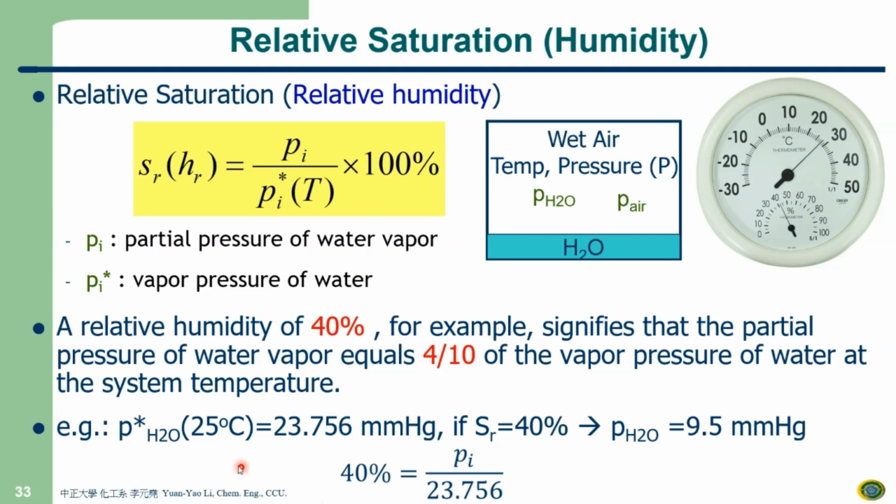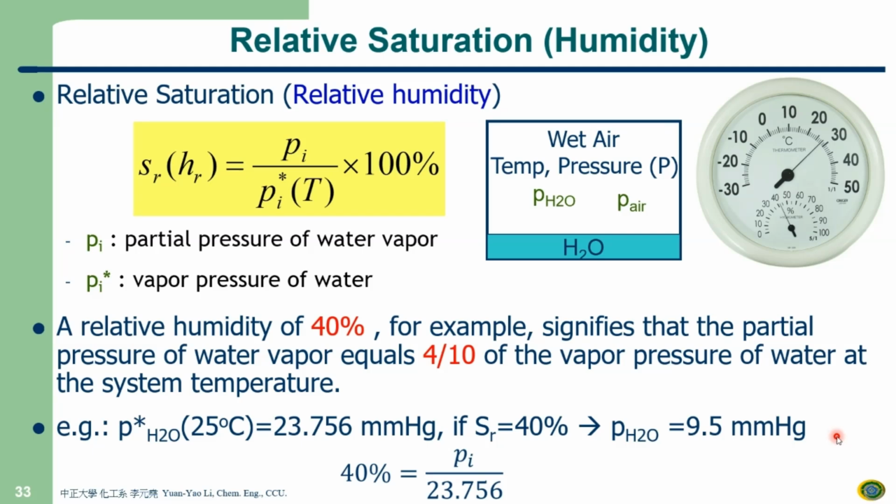At 25 Celsius, the vapor pressure of water is 23.756 millimeters of mercury. You put this number here, and if this is 40, you realize the water pressure will be 9.5 millimeters of mercury.